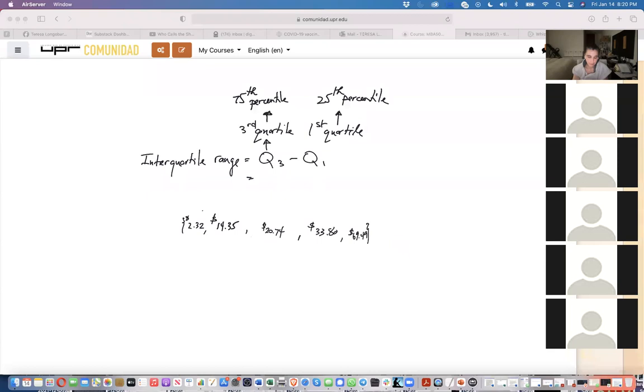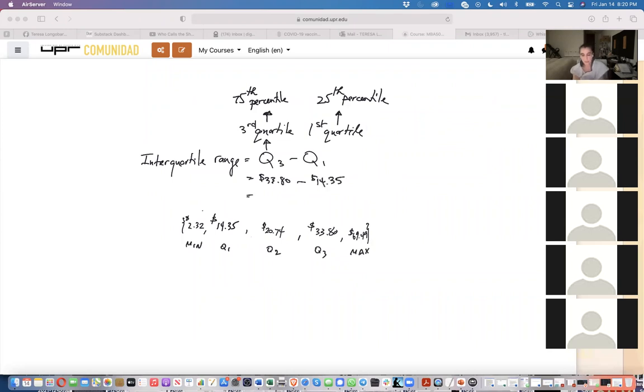So that's our 5-number summary. This was the min. This is the max. This is Q1, Q2, Q3. So Q3 was 33.80 minus Q1 is 14.35.